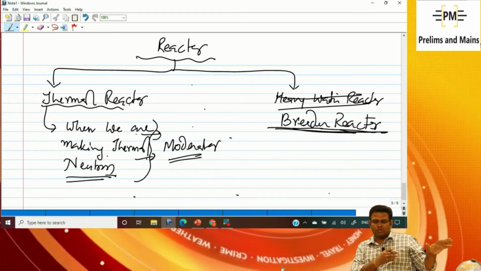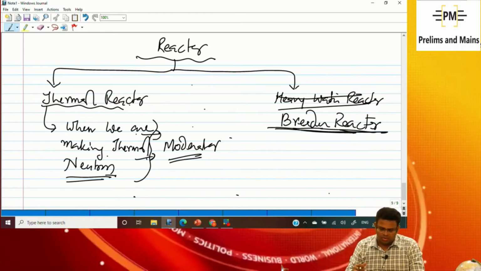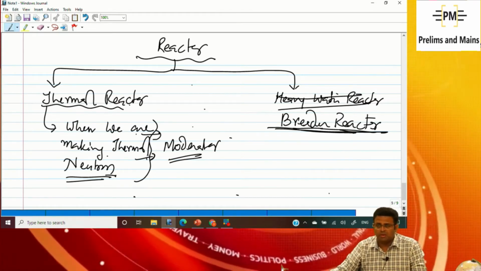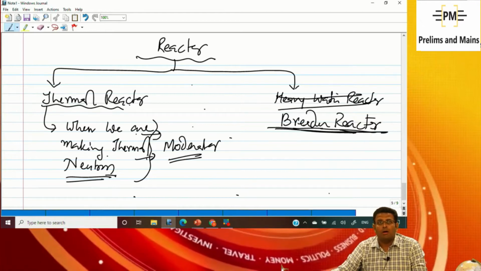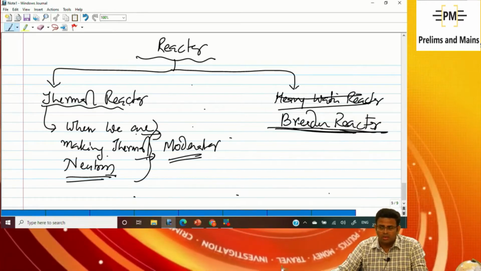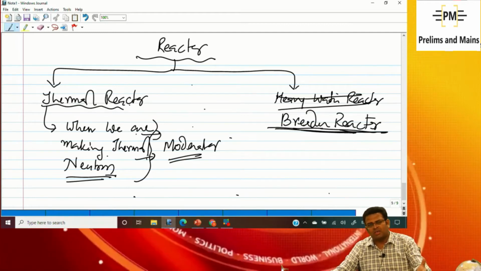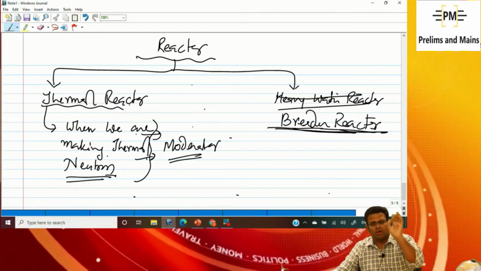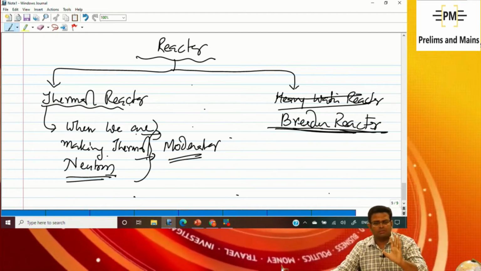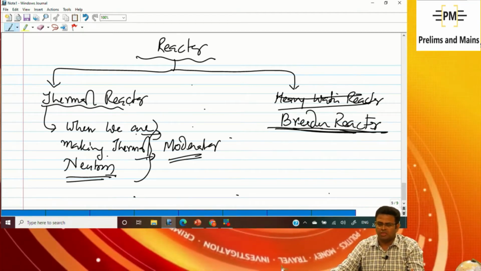This is your thermal reactor. If the question comes, what is a thermal reactor, you should not say sir has not taught us. Where the moderator is there, it is a thermal reactor, because the moderator's job is to reduce the speed.